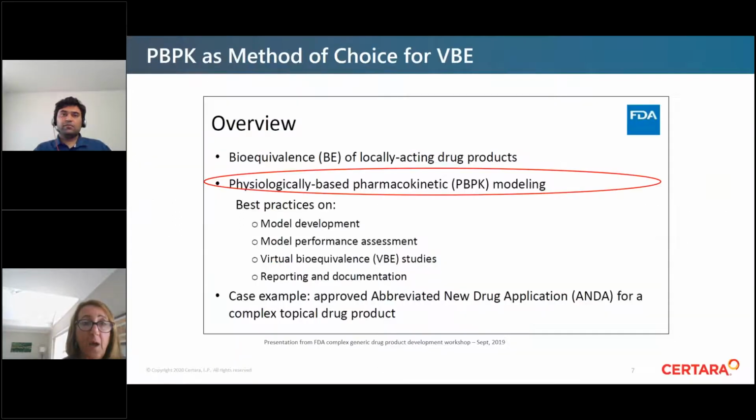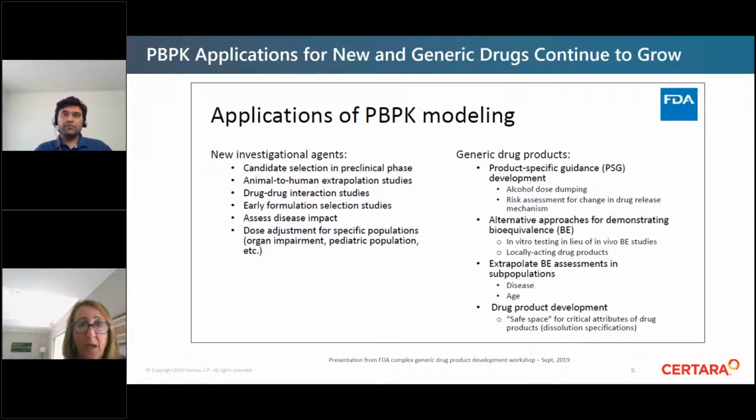So as we move closer to our subject today of virtual bioequivalence, you can see FDA recommending a number of approaches and focusing here on PBPK, which is where our case studies are going to be brought to light today. So with that, we look at what some of the applications are.